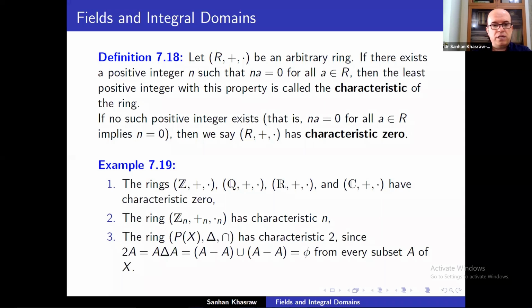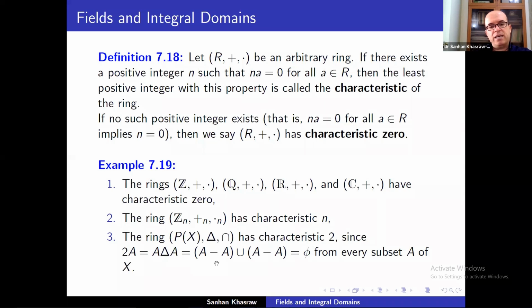How about the other rings? Let's look at the power set of X with delta and intersection. This ring has characteristic 2. Why? Because if I multiply 2 to a, the smallest positive integer with this property, 2a means a delta a. As I said in the definition, na means I add a n times with respect to the operation of addition, and here the first operation is delta.